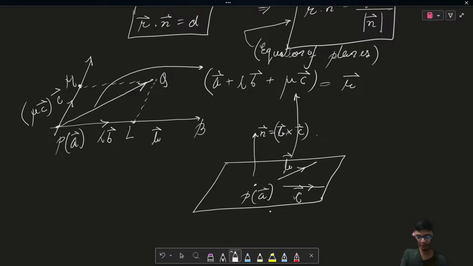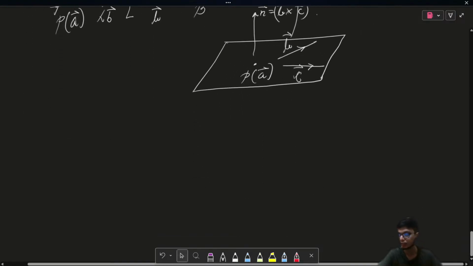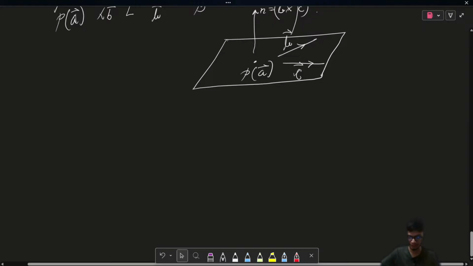So I hope this part is clear to all of you, right? So this is how we can do some multiple modifications to find out or formulate the equation of plane. Okay. So I hope this particular discussion is clear. Now let us try to understand another formulation of plane equation, right?